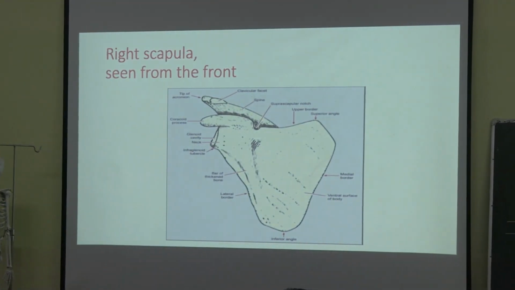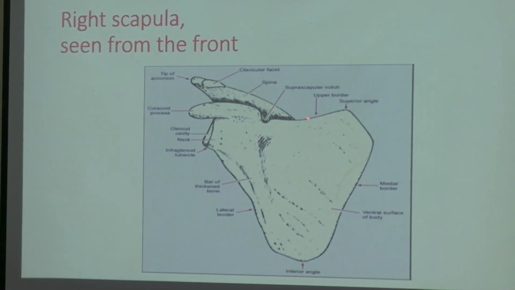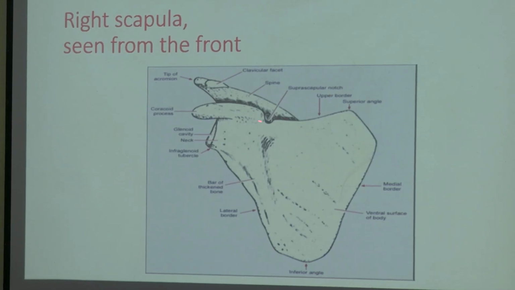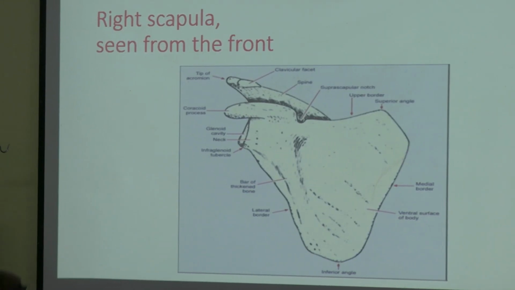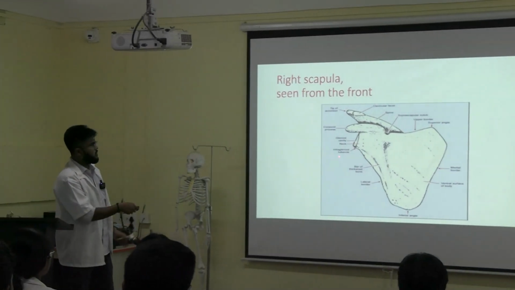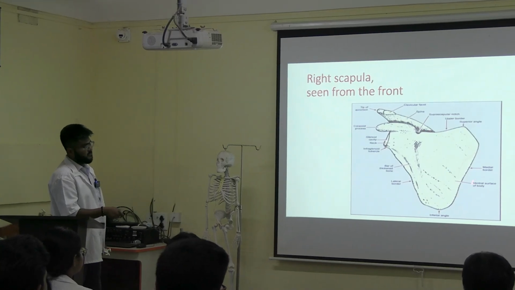First, this is called your body. This is your upper border or superior border. This is your medial border, because your glenoid cavity is laterally present. That's why this is your lateral border. So: lateral border, superior border, medial border.